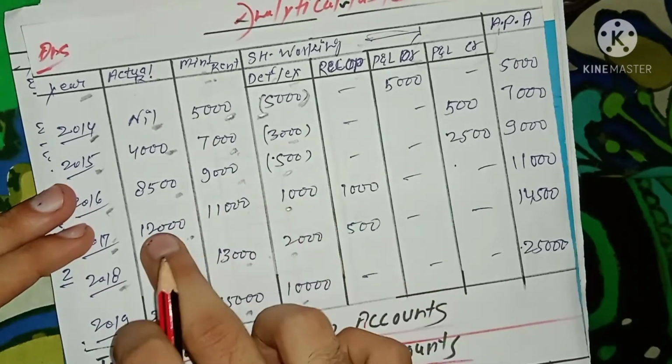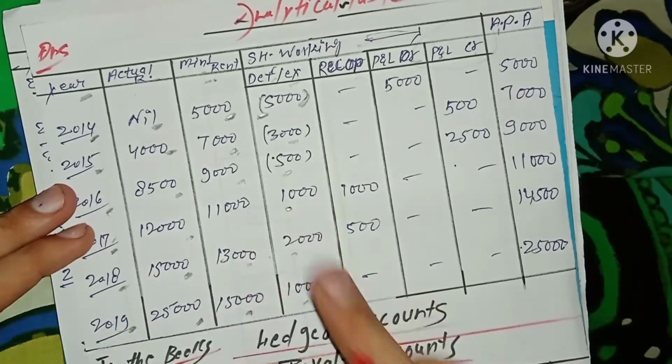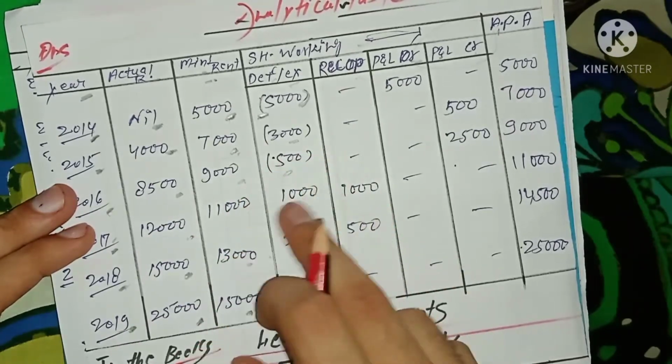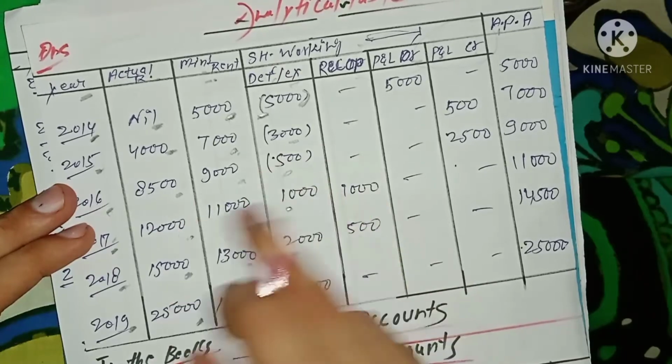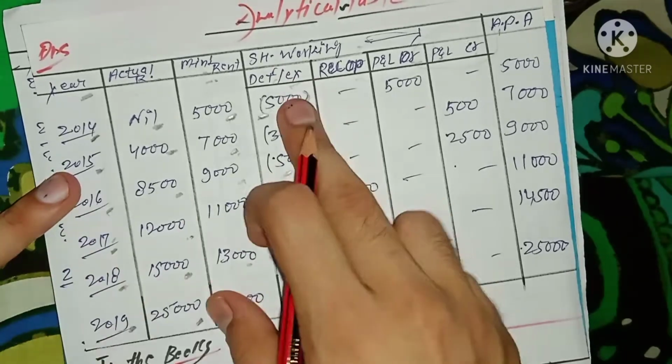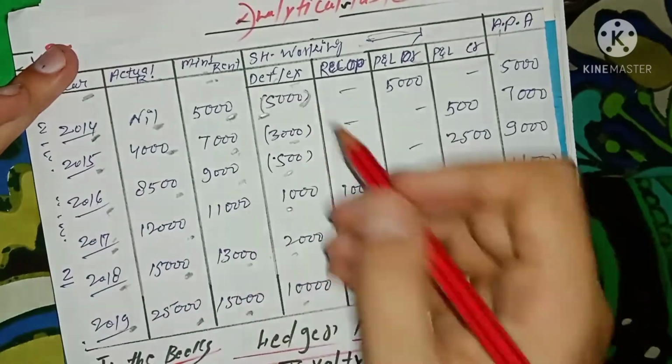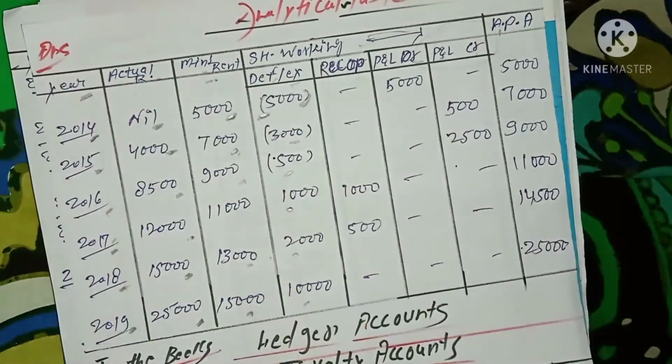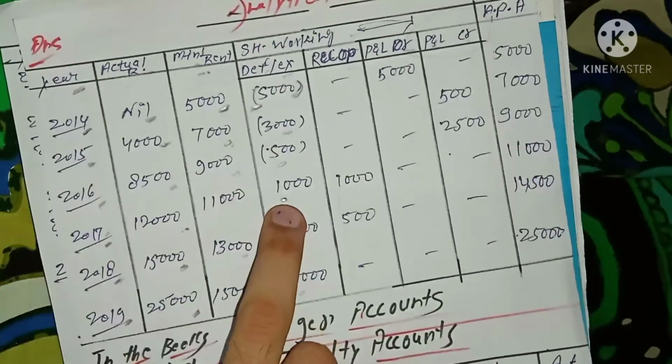Here you can see 1,000 above, the difference between 12,000 and 11,000. This amount is known as excess working, the profit generated by the patentee in a different year, and the negative amount in another year can be recouped out of this excess working amount.